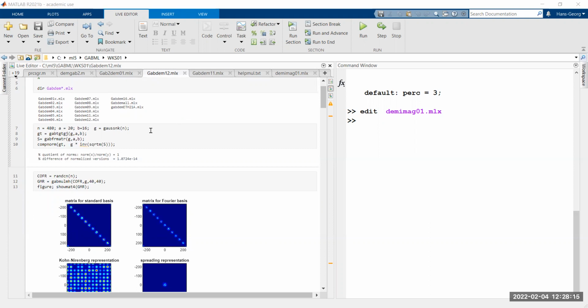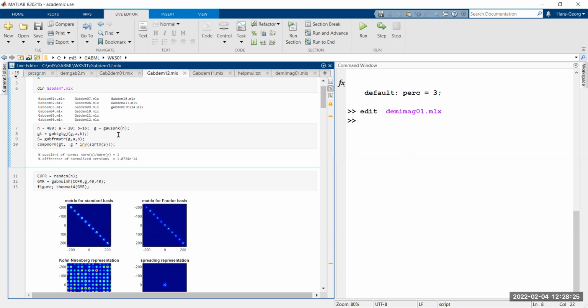So I start with the standard setting, which is my Gabor family with redundancy 3/2, so 50%. And we know that when you multiply with a set of coefficients, you would like to have the property that if you multiply with constant 1, which means your Gabor multiplier is just the Gabor frame operator, you would like to have the identity.